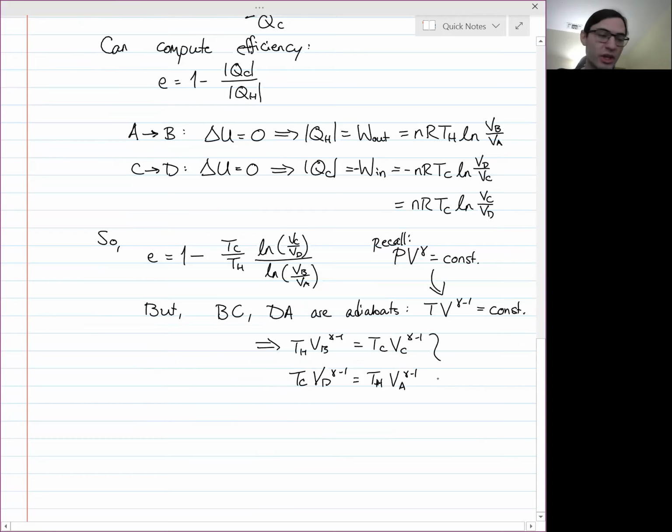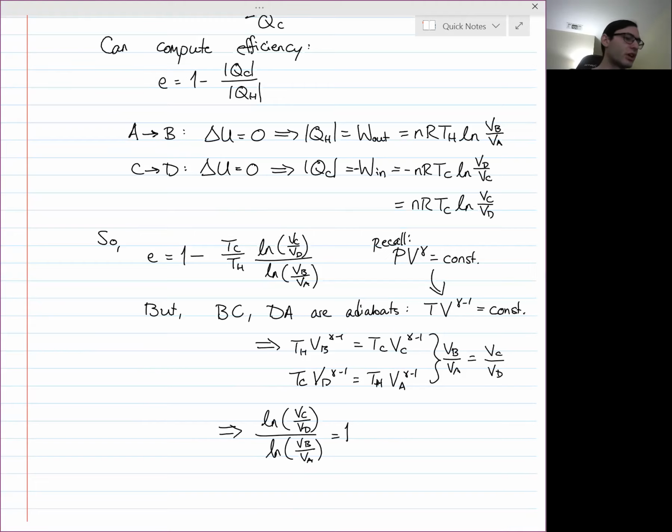Right, and so from these two relationships, we get that VB divided by VA, because these are both TH, so we can cancel out the THs, is equal to VC divided by VD, which is nice, because that implies that the logarithm of VC over VD divided by the logarithm of VB over VA is just equal to 1, which seems surprising, but that's what the math gives us, and that's why the Carnot cycle is particularly nice.